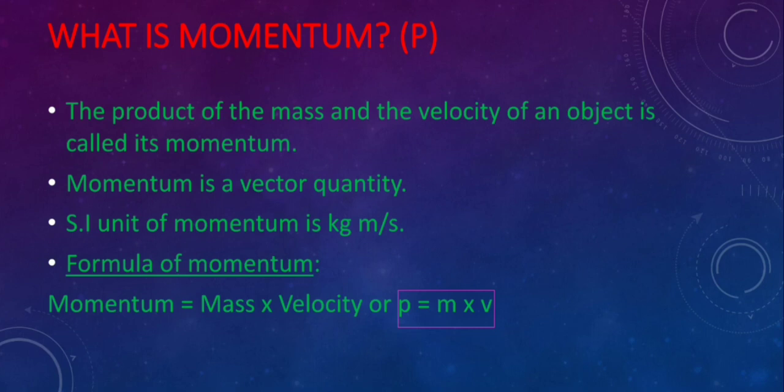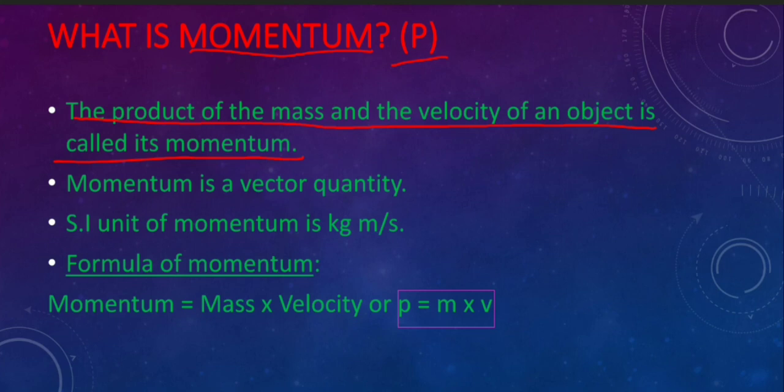So let's move ahead. Next topic is momentum. Momentum is denoted with small p. Capital P is pressure and small p is momentum. Its definition: the product of mass and the velocity of an object is called its momentum. Mass into velocity is momentum.